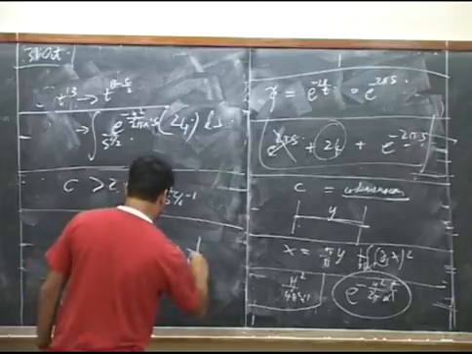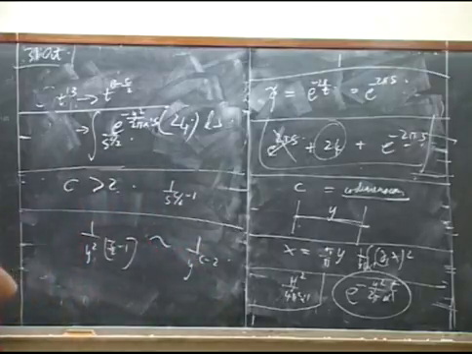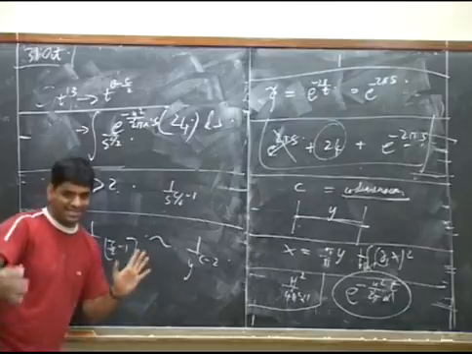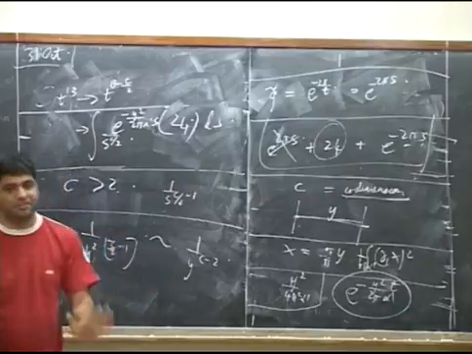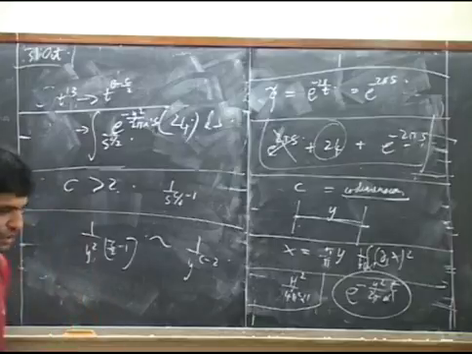So the answer is 1 over y to the power c minus 2, times numbers that one should look up. I'm not keeping track of alpha prime and pi; I just want to show you the structure, the dependence on the distance. I'm going to ask you to work this out carefully with all factors yourself.